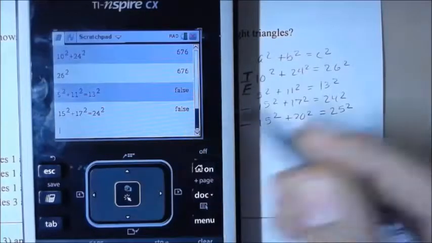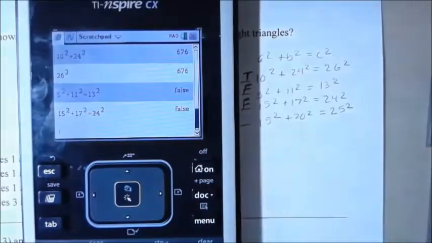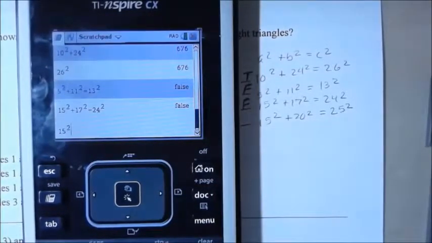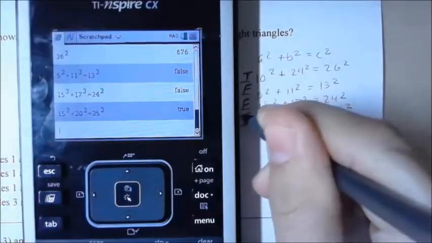And it's also false, so I'm going to put an F right there. And the last one, we have 15 squared plus 20 squared is equal to 25 squared. And it is true. So I'm going to put a T.